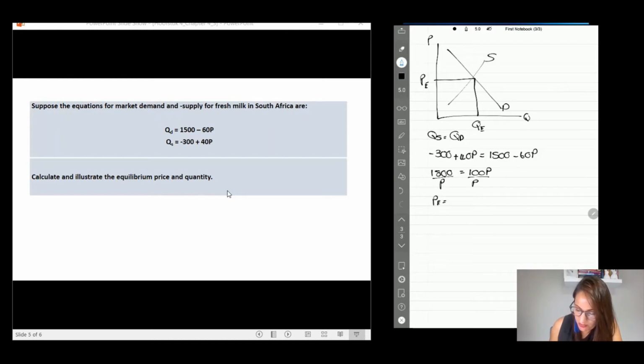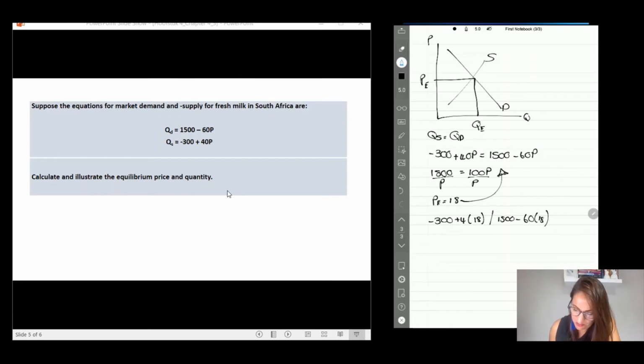and you get your equilibrium price as 18. Now what you can do is substitute this 18 into either one of the equations to get your quantities. It's supposed to give you the same values for both of the equations. So you have minus 300 plus 40 times 18, or 1,500 minus 60 times 18.